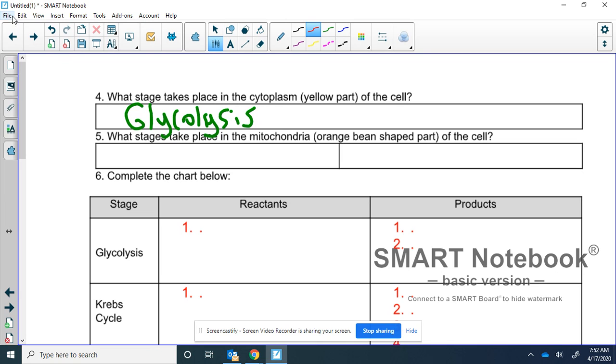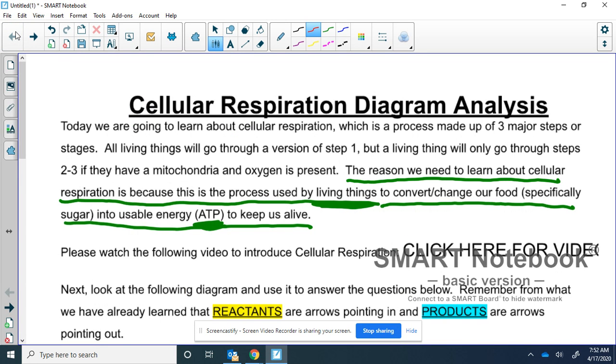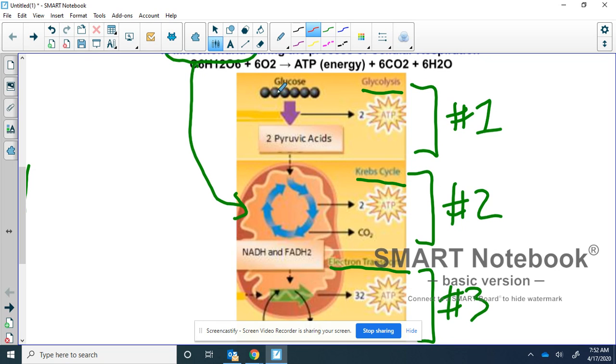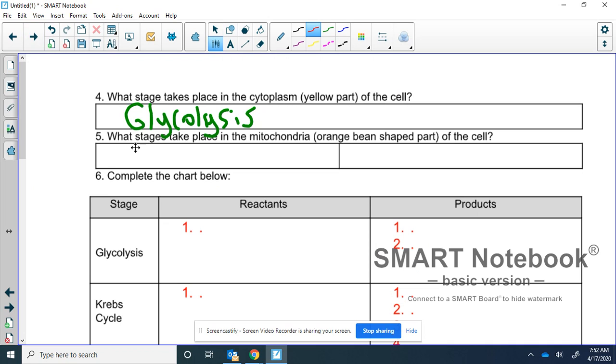And in our picture, it's represented by all of the yellow. So anything in yellow. So this whole stage up here, all yellow, that's the part in the cytoplasm. And then the next 2 stages take place in this orange bean structure, which is called the mitochondria. So those stages are the Krebs cycle and the electron transport.